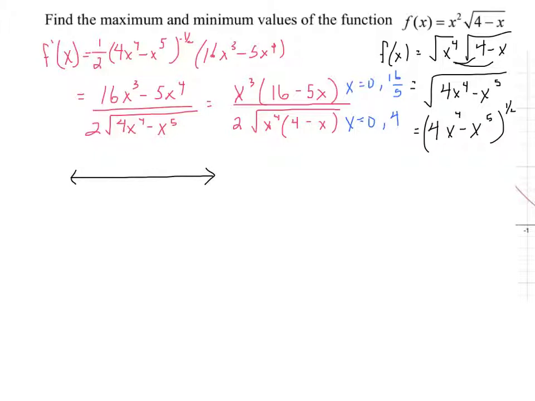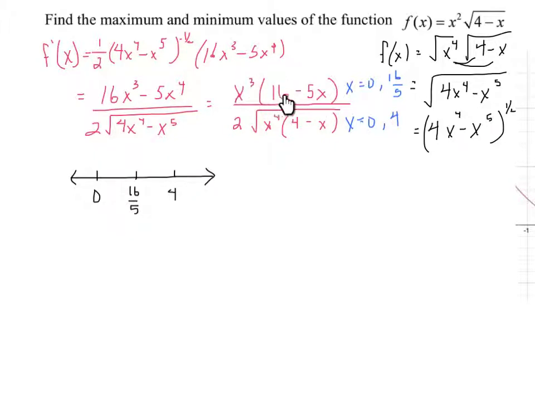Okay, so we got 0, 16/5, and 4. Of course, this is not to scale because 16/5 is 3.2, but I want to give myself a little room. If I plug in a negative number to my derivative, remember we're doing sign analysis on the derivative, negative cubed is negative. 16 minus a negative is positive.